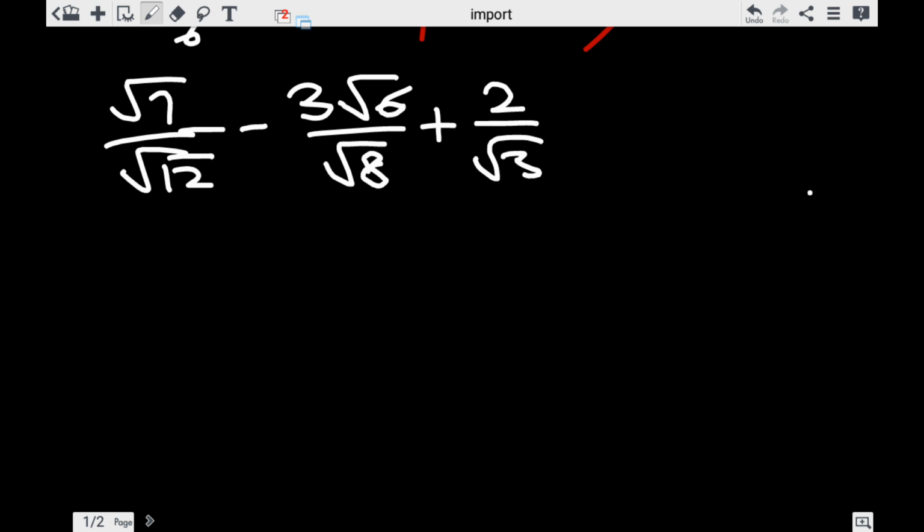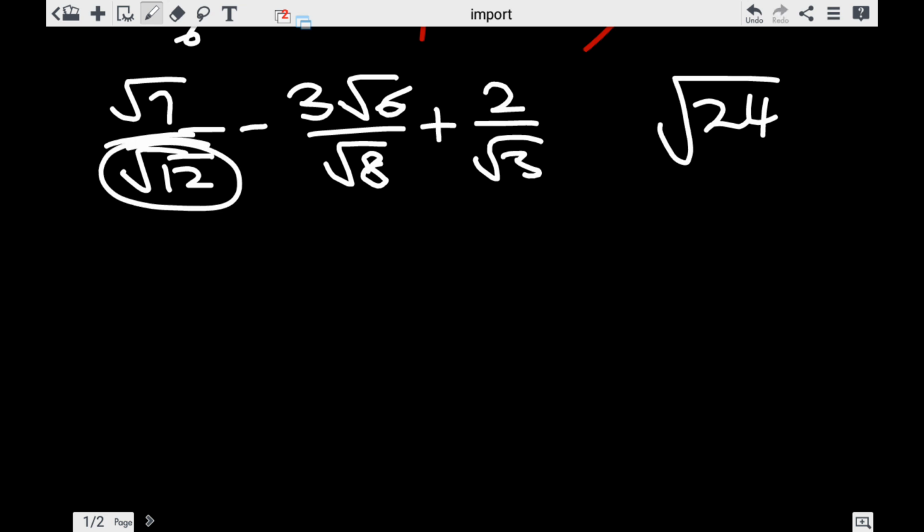What is the LCM of 12, 8 and 3? The LCM of 12, 8 and 3 is 24. For this 24, you need to put a square root symbol.